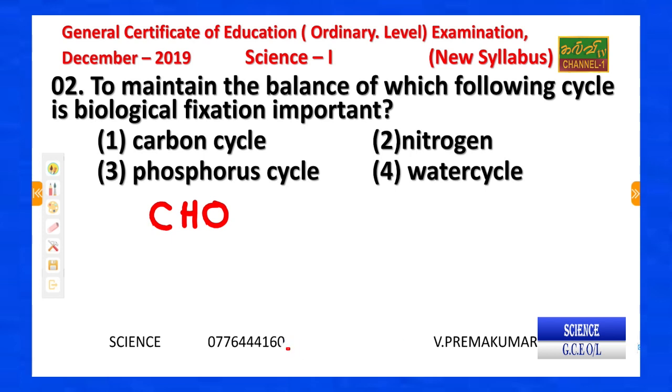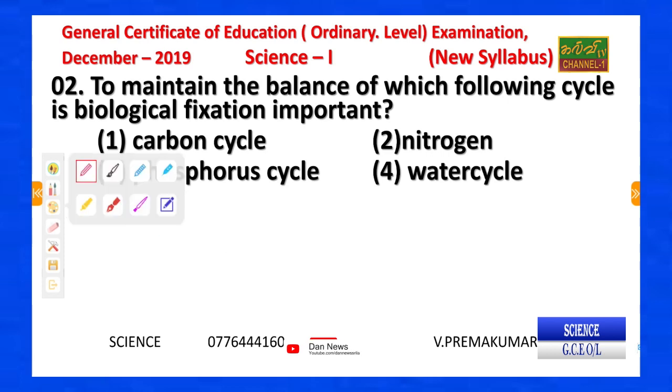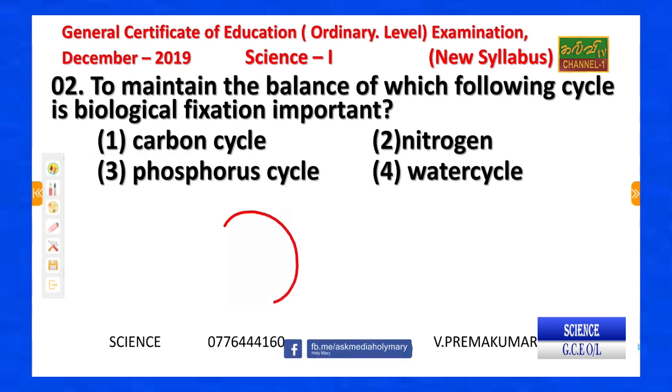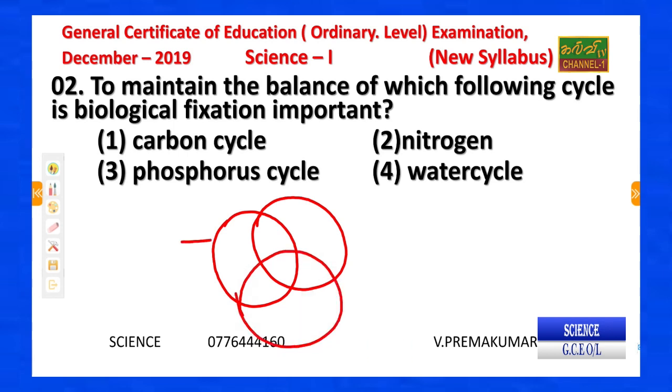Say, if you want to remember this using your mathematics knowledge, I remember it like this. There are 3 or 4 circles. This is carbohydrate, right?